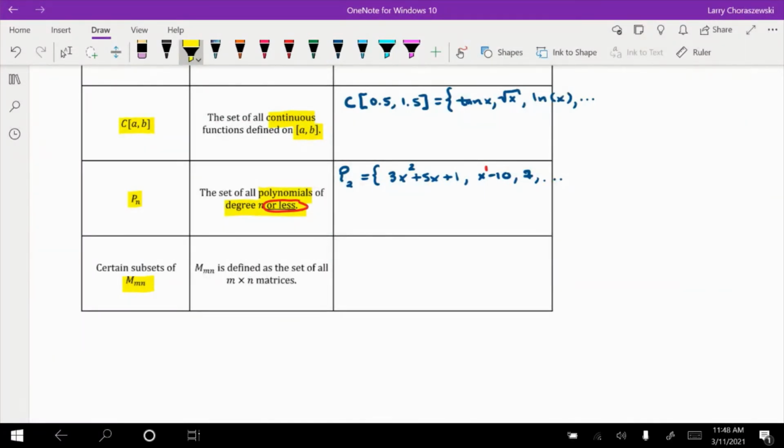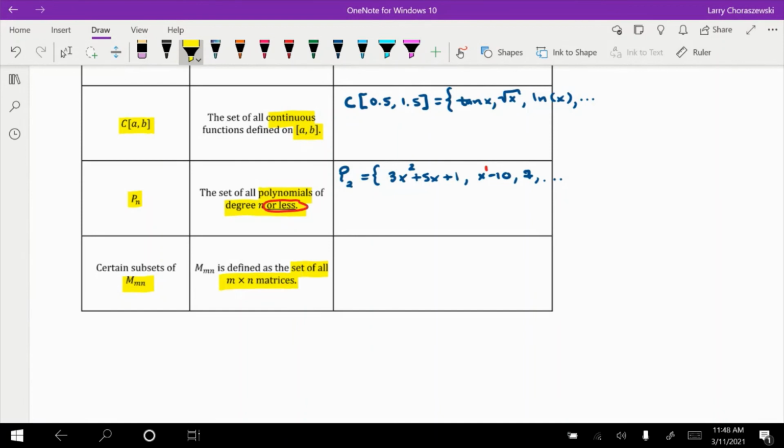In general, M sub m,n is defined as the set of all m by n matrices. Now, M sub m,n in and of itself might not be a vector space, but under certain conditions on these matrices, we will be able to form subspaces.